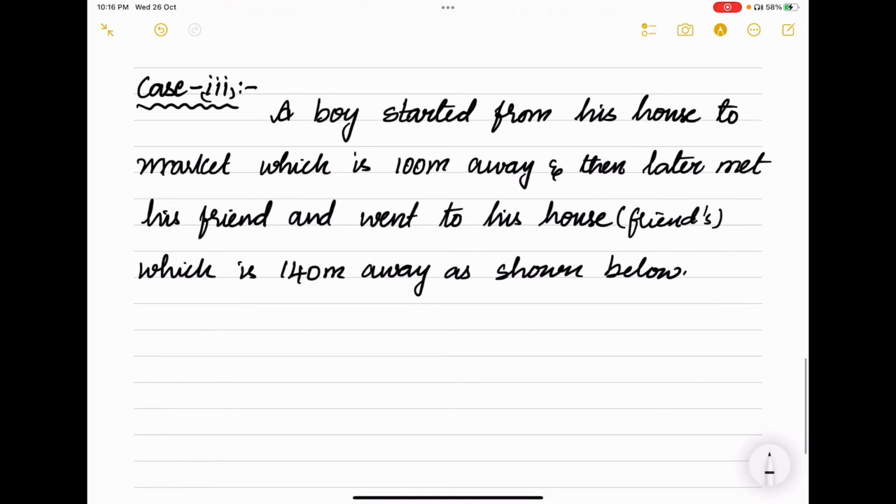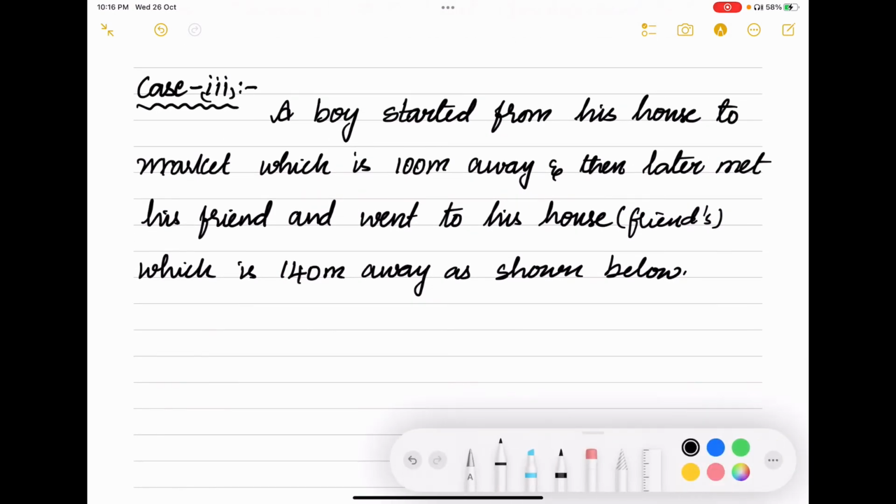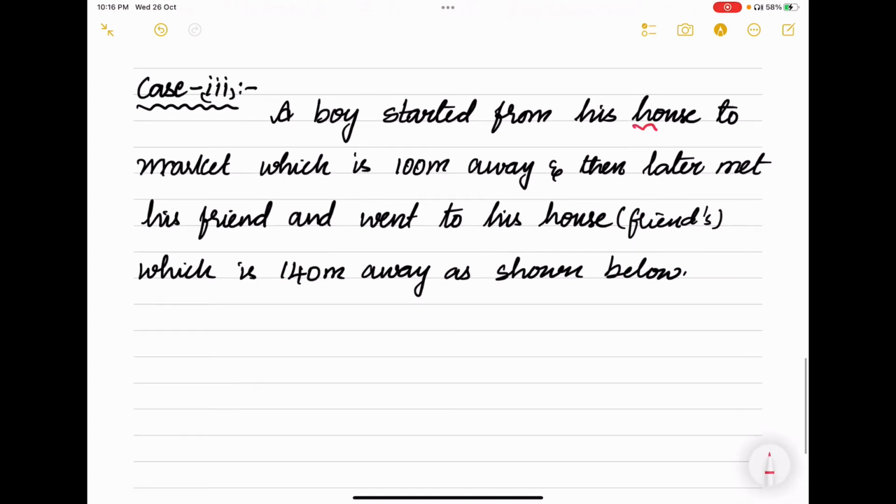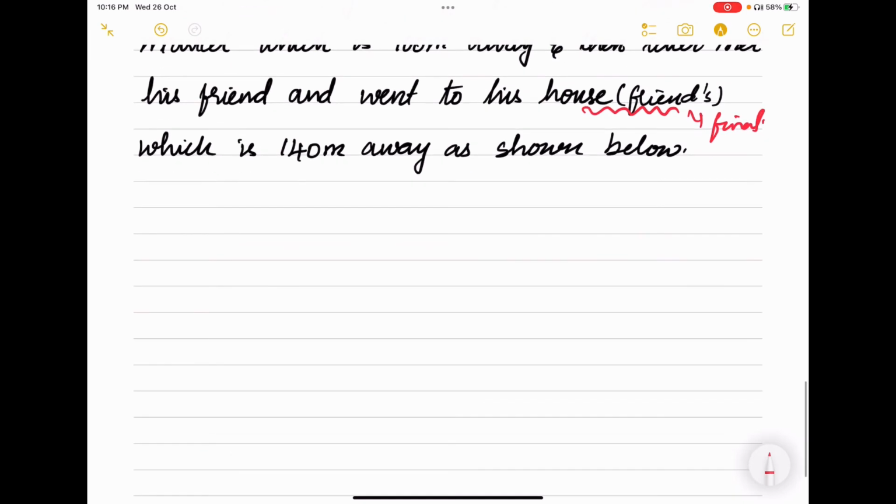So here what happened? The boy started from the house, which is his initial position, and then he went to market, which is 100 meter away, later met his friend and went to his house. Whose house? Friend's house. So now the friend's house is your final point, and this is 140 meter away. So now let us have the diagram of this.